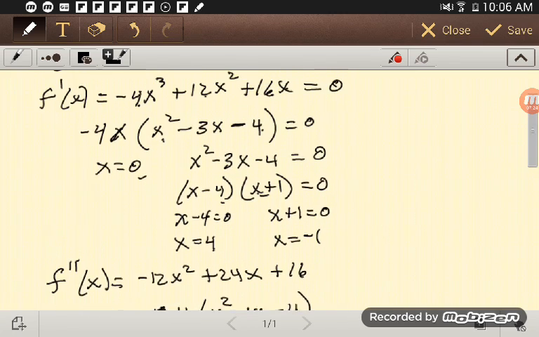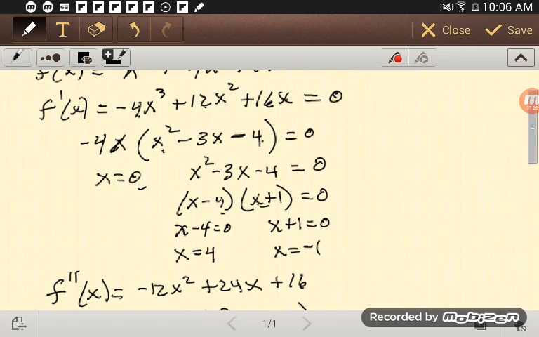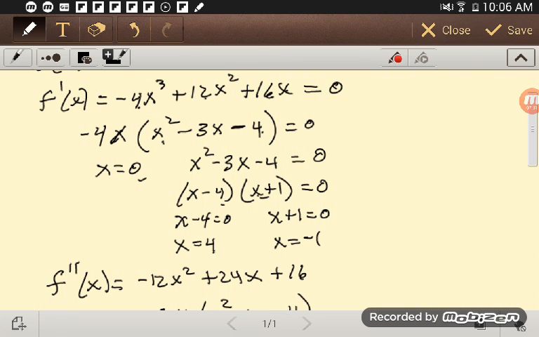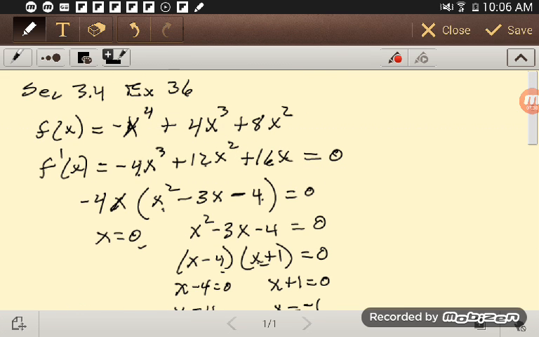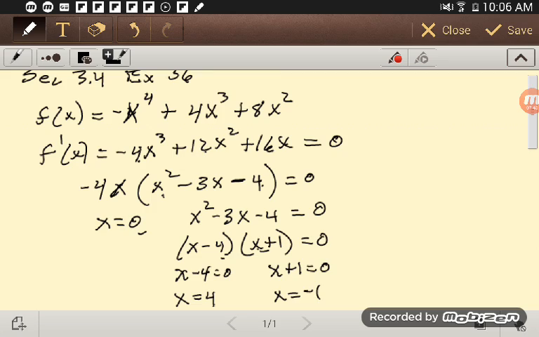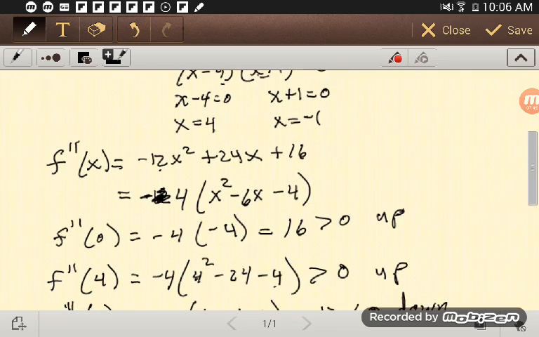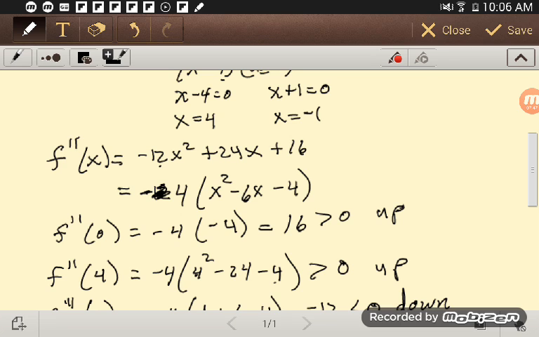Okay. Now let's make sure f prime to f double prime, that makes a negative 12 and an x squared. That too makes a 24 and an x, and then the 16x makes a 16. And there we go. You all were yelling at the screen, I could tell. There's a 3 in there.